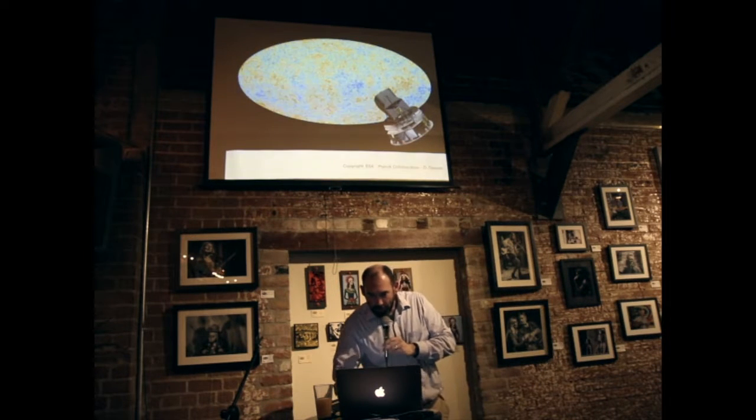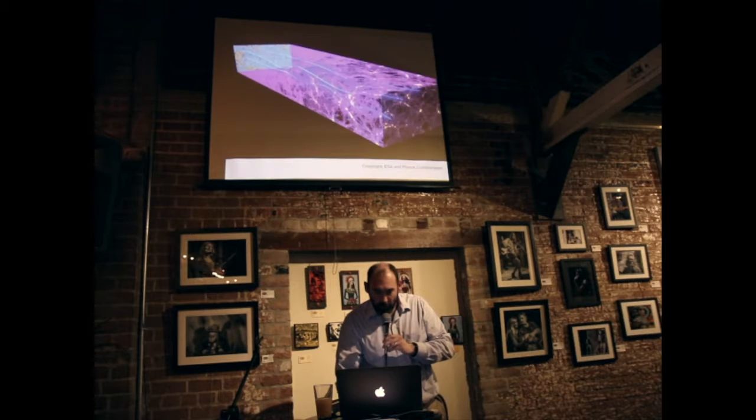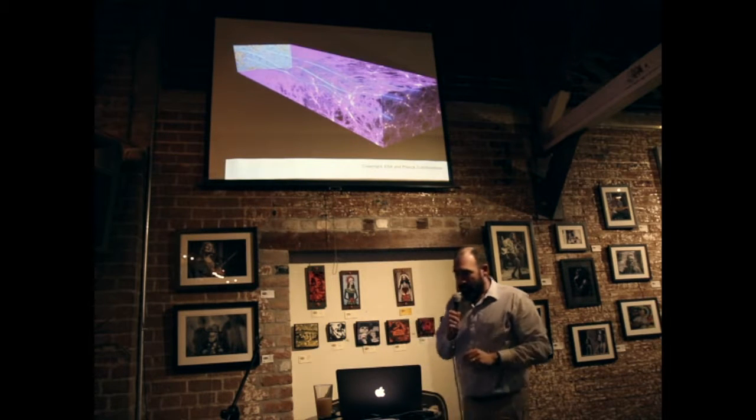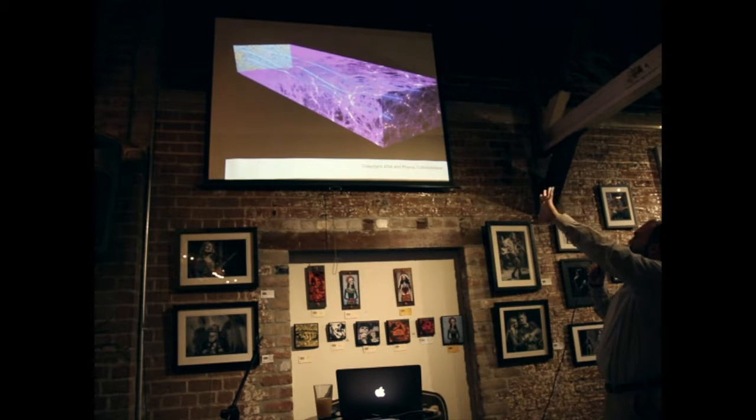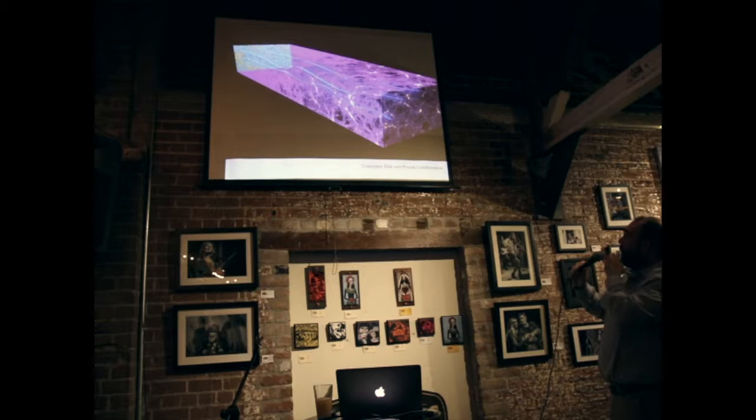But there's an additional wrinkle to this, is that we're actually looking at that image not just through empty space, but we're looking at that image of the microwave background through a complex distribution of matter, of galaxies and dark matter, of large-scale structure in the universe.